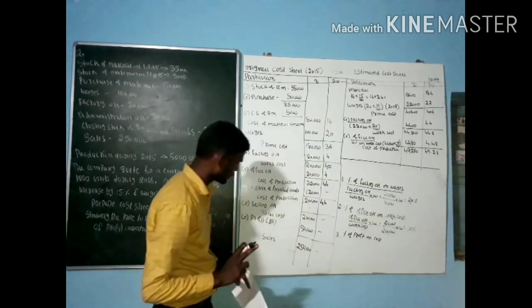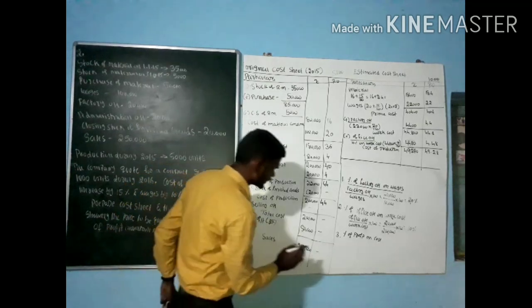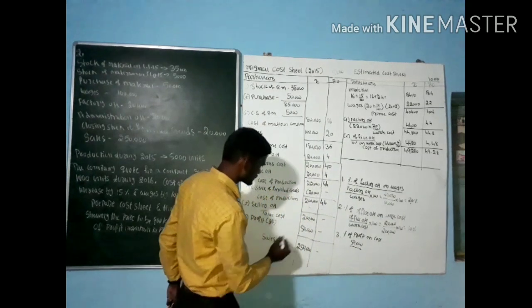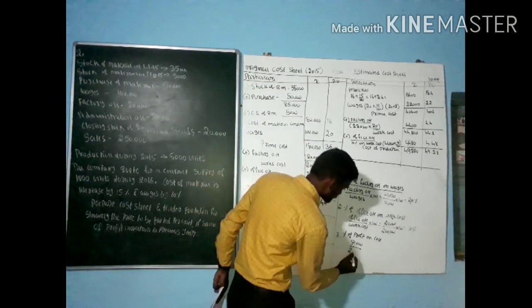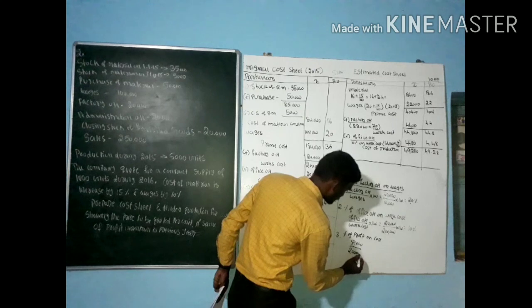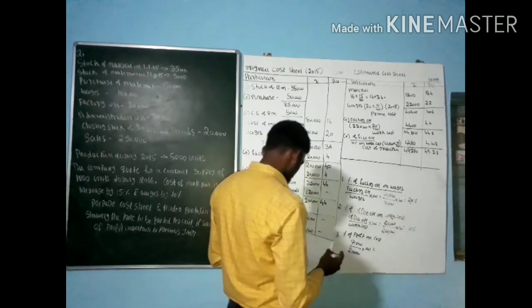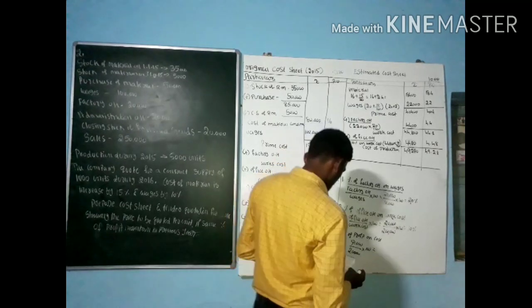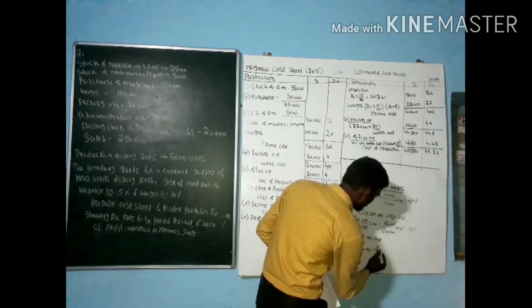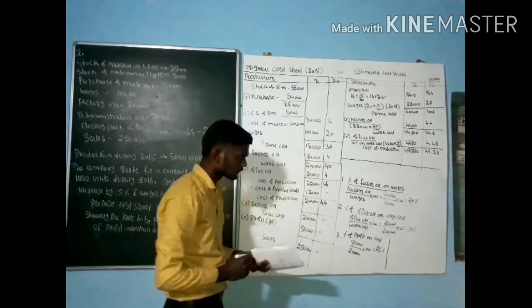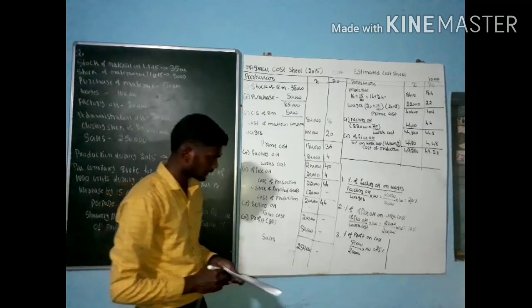Profit is 50,000 divided by cost, that is 2 lakh, into 100. That is 25%. This is the percentage of profit on cost.